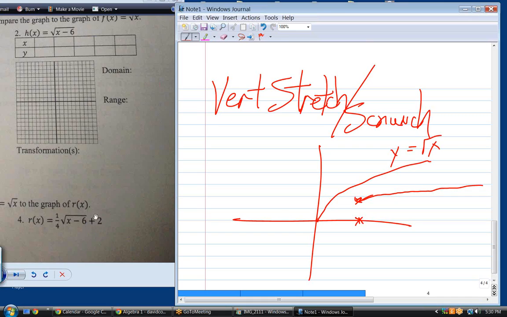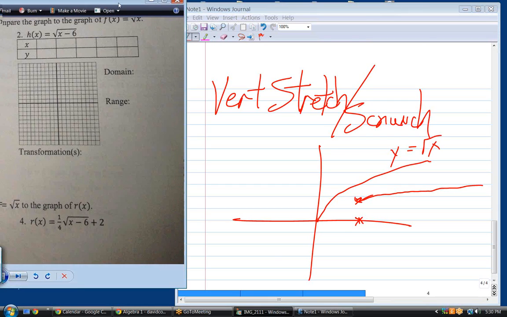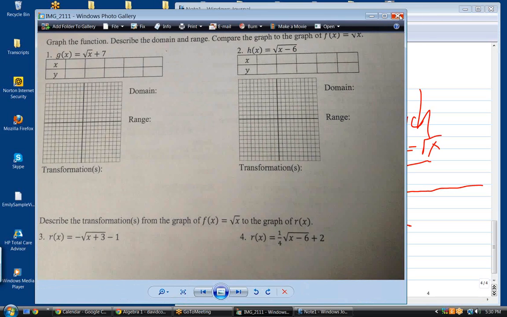Remember, if this sign is negative, you're going to go to the right. But if this sign is positive, you're going to go up. If this is negative, you're going to go down. All right, let's bring up another page here.